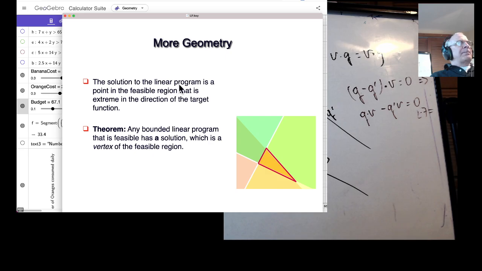The solution to the linear programming problem is a point in the feasible region, what you are obtaining as all the vitamins, and it is always an extreme point. The feasible region will always be a convex polygon, and if it has any solution, then there is a solution which is also a vertex of the polygon.